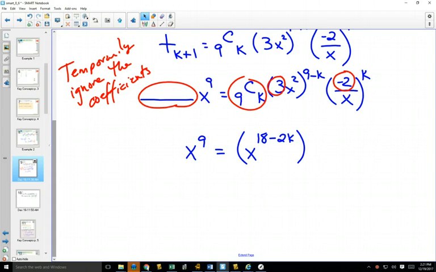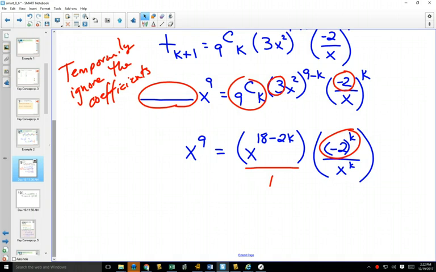And if I applied my exponent law over here, I'm still going to keep that negative 2 for a second, but I'm going to ignore that as well, and I'm just going to look at my powers. On the right-hand side, if you have a power like this, x to the 18 minus 2k, can you see that that's in your numerator?